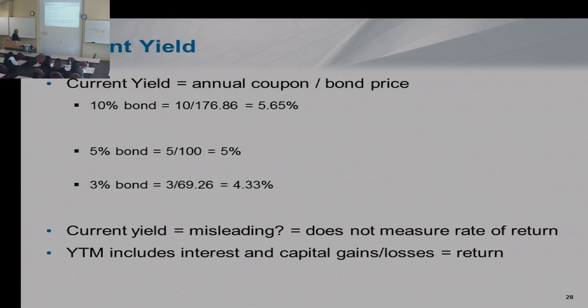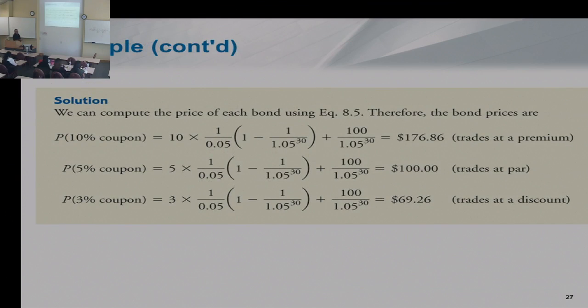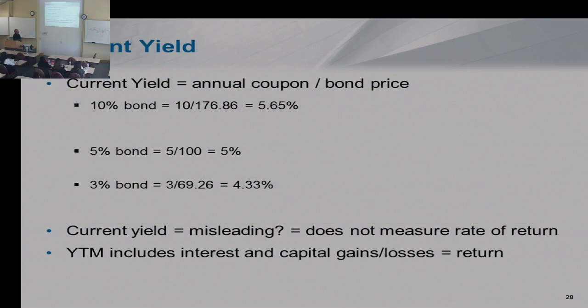Now, your textbook has this annoying thing called a current yield. All three bonds here have a 5% yield to maturity, but they've all got a different current yield, because the current yield is the annual coupon divided by the bond price.